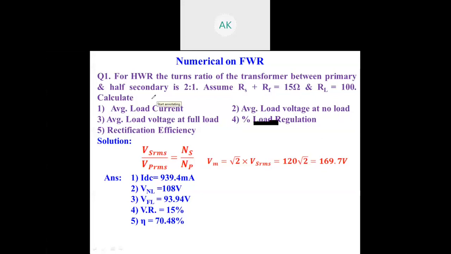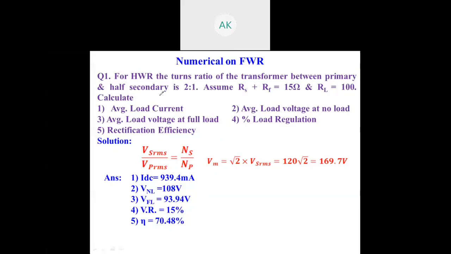Now, what is the IDC? IDC is given as 2 Im divided by pi. What is the VDC at no load voltage? Again it is 2 Vm divided by pi.